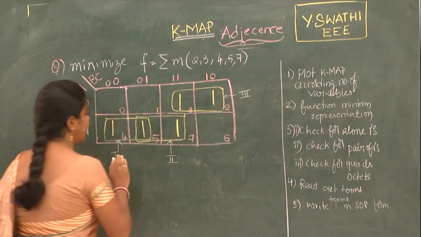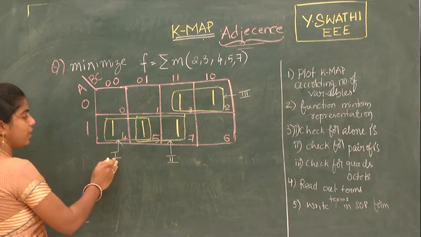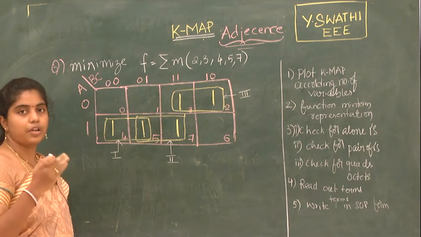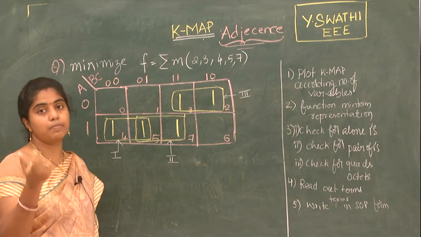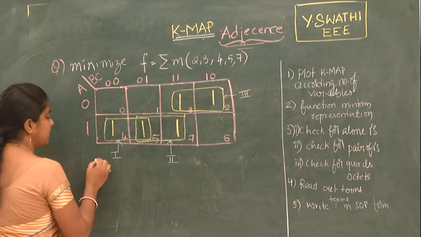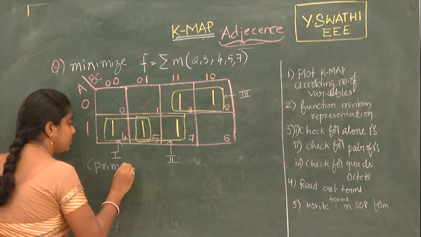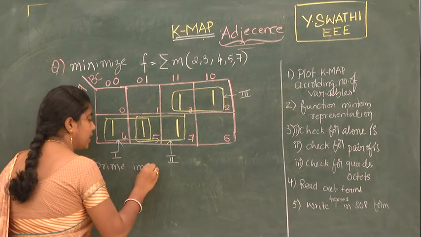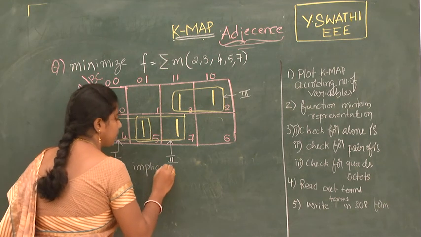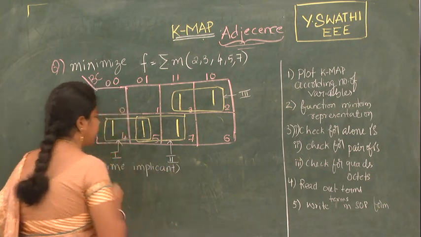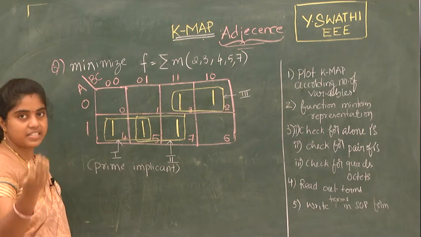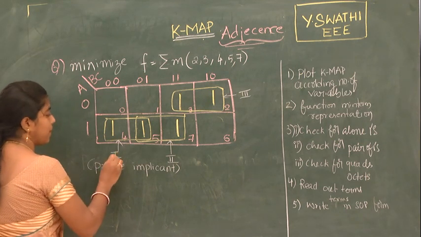And each group will give you a combination of variables, or you can call it a term in the minimal expression, and it is also called a prime implicant. We can see the other forms of implicant in the next example. So this is the prime implicant.